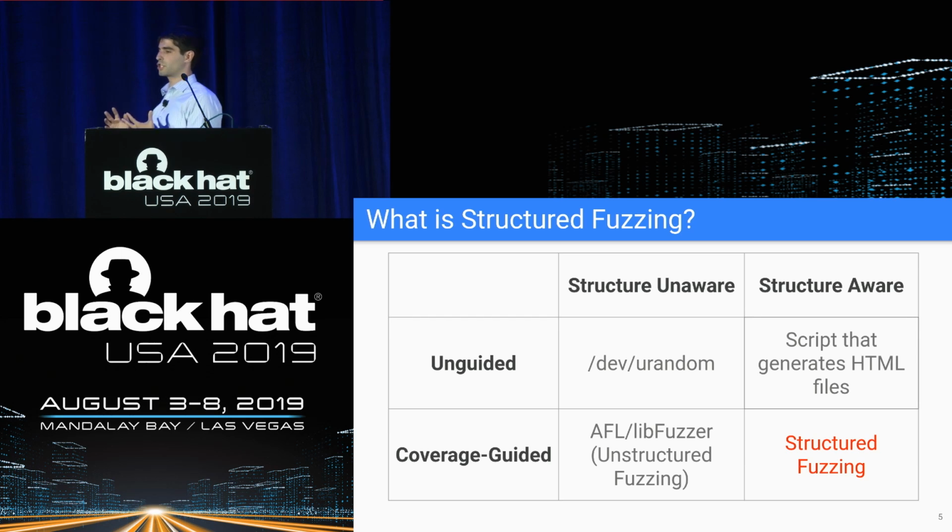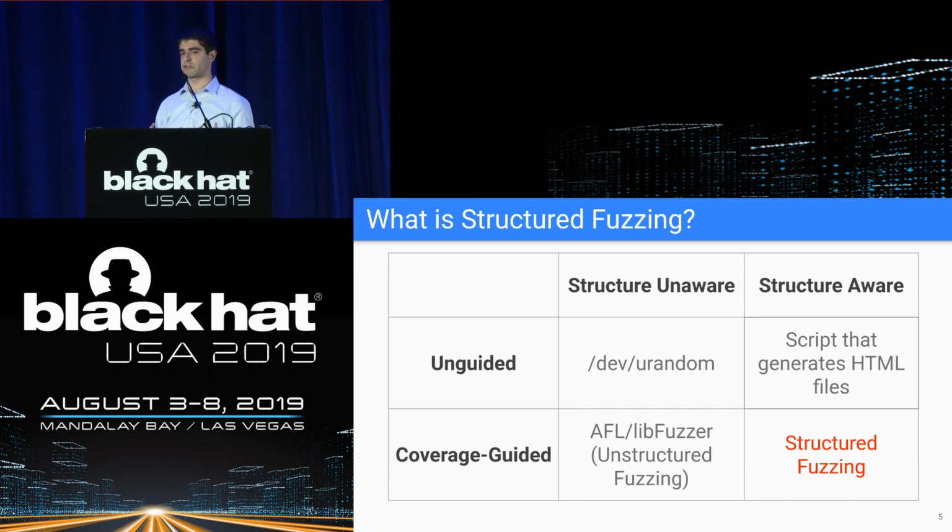But because it's coverage guided, the fuzzer generates progressively more interesting inputs, and that's why it's fairly good at finding bugs. Now, coverage guided fuzzing is such a big advance that I'm going to assume we're talking about coverage guided fuzzing throughout the rest of the talk, and I'm just going to refer to this as unstructured fuzzing.